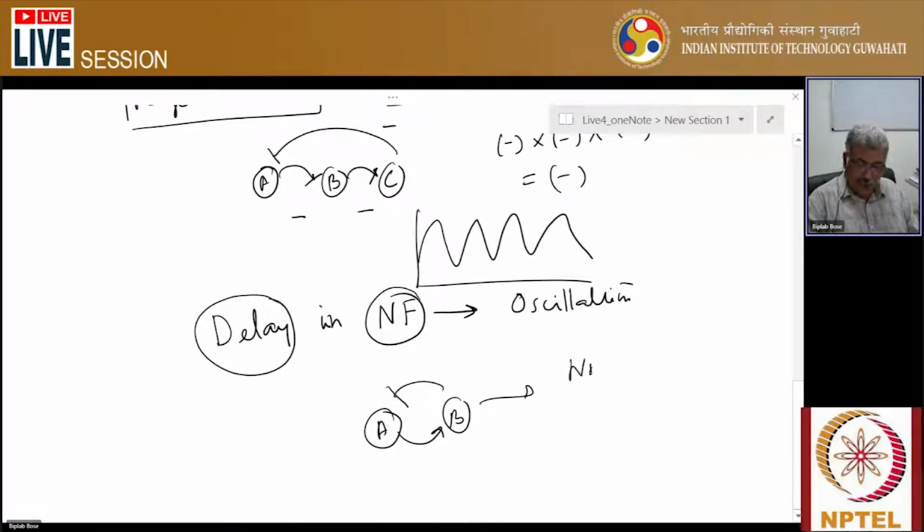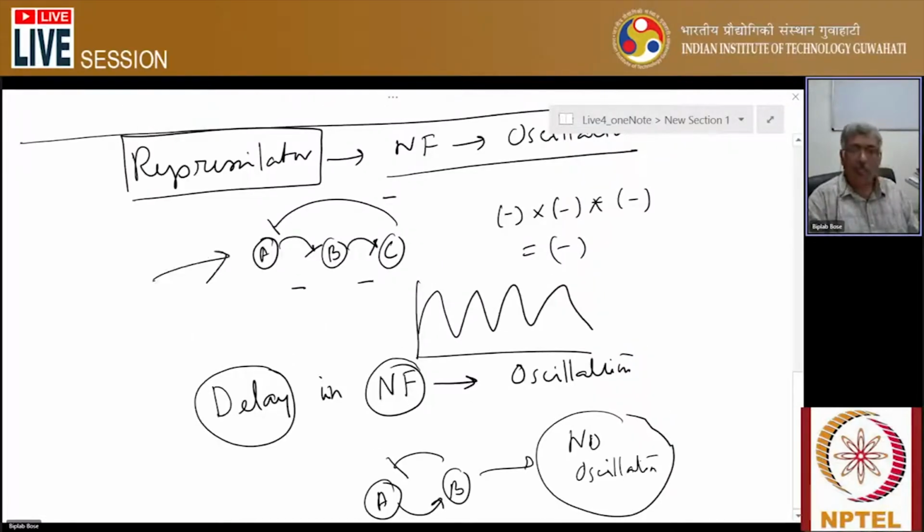This is negative feedback, but it will not give oscillation, because there is very little delay between these two processes, one activation and another inhibition. Whereas this repressilator, which has 3 molecules, so this intermediate B is actually causing delay in signal transfer from A to C. So that's why this gives rise to oscillation.